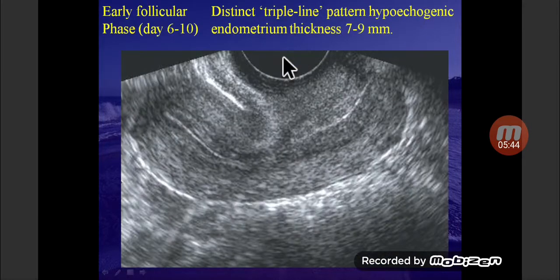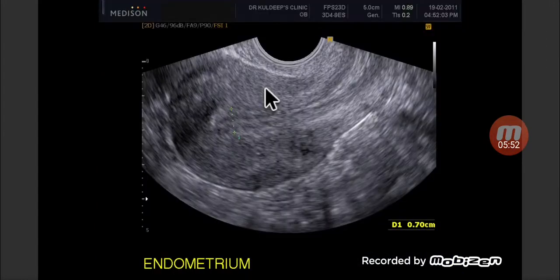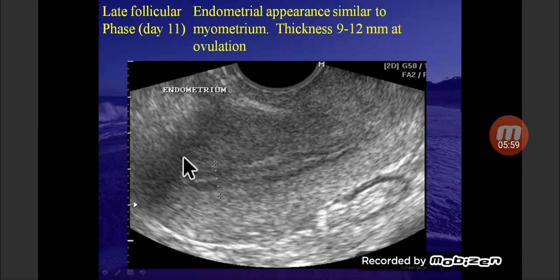Early follicular, you're looking at early pattern, thickness 7 to 9 millimeters. That I'm talking about ideal phenomenon. Late follicular phase, where the junctional zone merges with the endometrium, you're looking at a thickness of 9 to 12 millimeters at ovulation. I'm going to talk in detail about the color Dopplers.